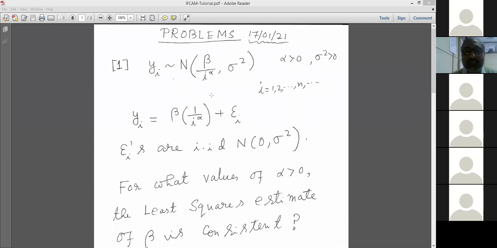My question is: if you calculate the least square estimate, first of all, what will be the least square estimate? Can somebody tell me? Take a piece of paper and pen and do a little calculation.